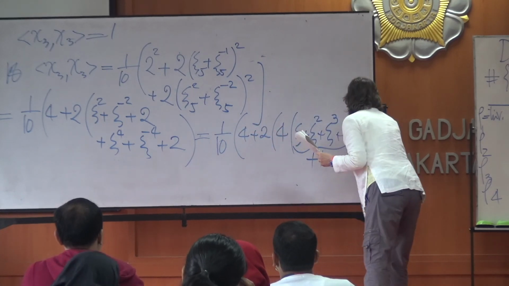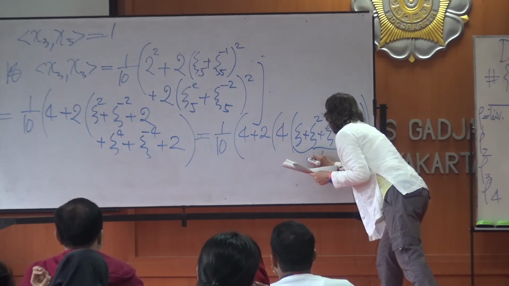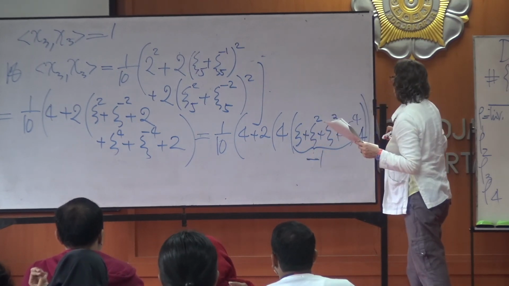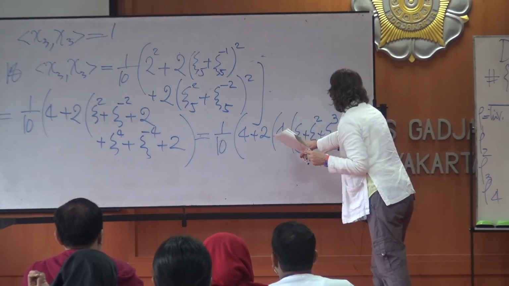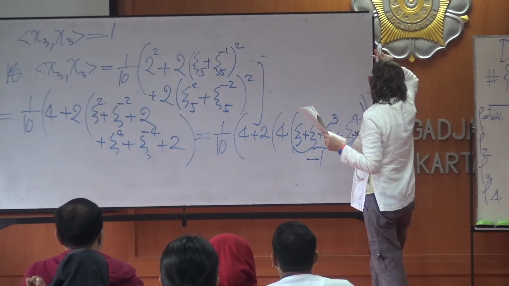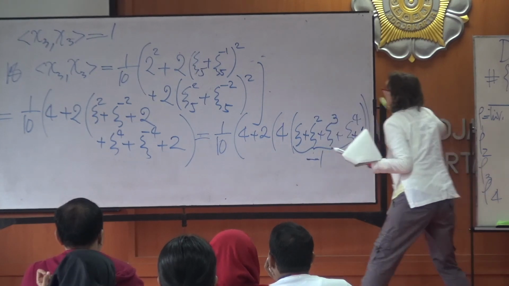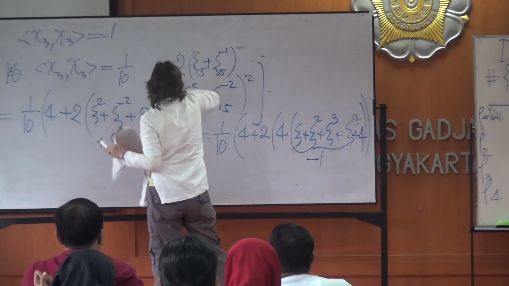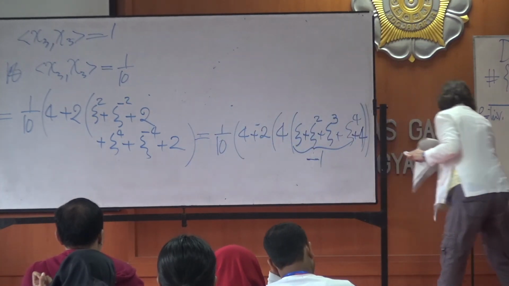So I have a 4 here. Okay, so this is minus 1. Anyway, if I do the computation well, I get 1 at the end.